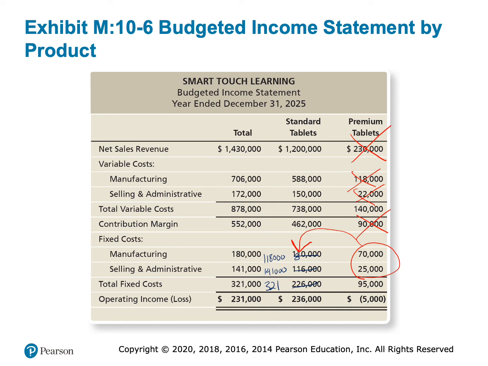So that means our profit is not 236, it's now 462 minus 321. Our profit instead is 141, $141,000, where we were making a total of 231. So by cutting the premium tablets, we actually lost $90,000 in profit. Okay, even though it looked like we were cutting an unprofitable product.